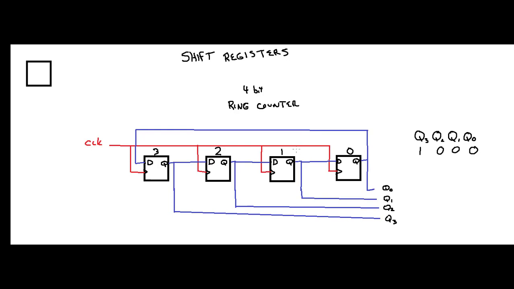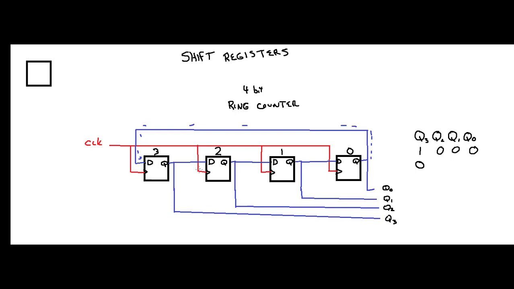What's going to happen? Well, if you notice, what's in Q0 goes out, goes all the way around here, and comes back into 3, doesn't it? So specifically, since Q0 was 0, Q3 is going to be 0.